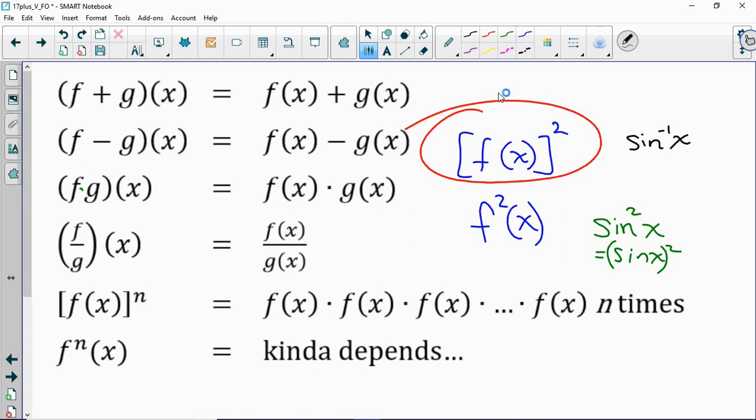And that -1 we said was not an exponent. It meant we were using the inverse sine function. And so in the same way here, if I write f to the -1 of x, that's an inverse, which is not the same thing as if I write f of x all raised to the -1, that's an exponent.